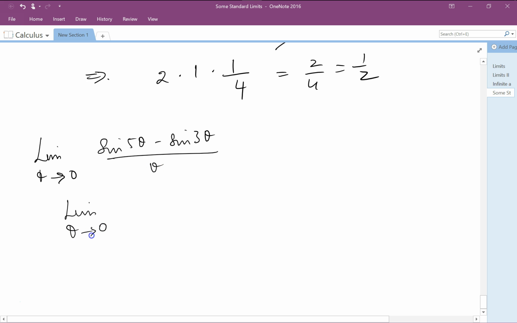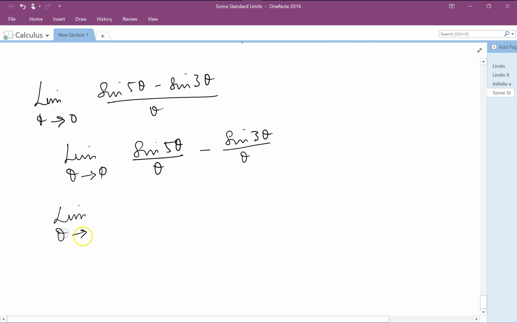So limit theta approaches 0, sine 5 theta divided by theta minus limit, actually if we have to do it step by step, limit theta approaches 0, sine 3 theta by theta.